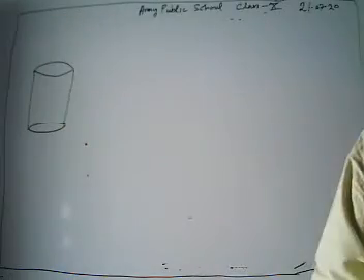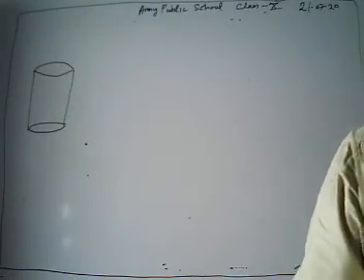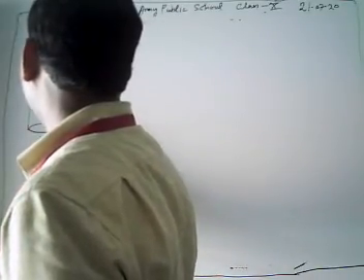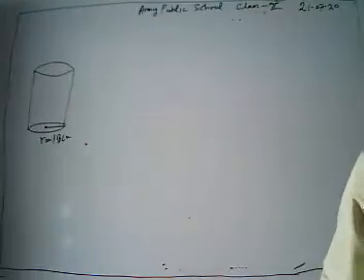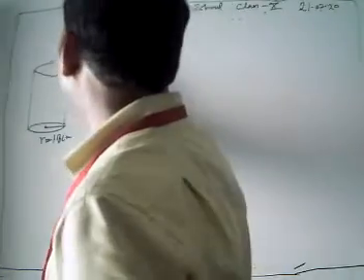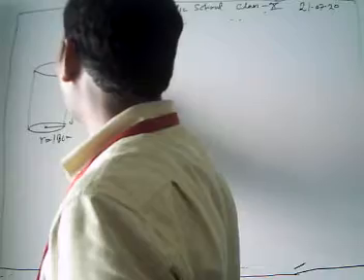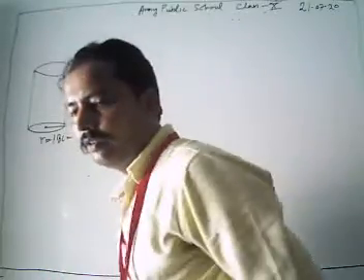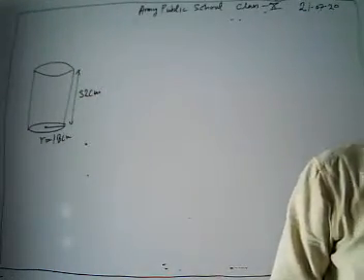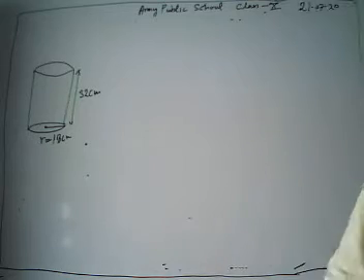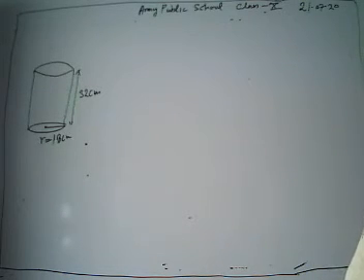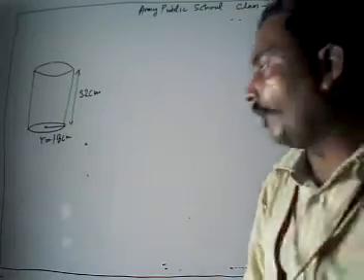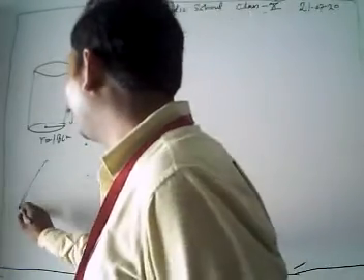The radius is 18 centimeter and the height of this cylindrical bucket is 32 centimeter. Now the bucket is emptied on the ground and a conical heap of sand is formed.